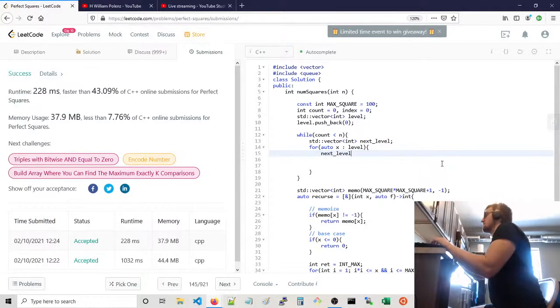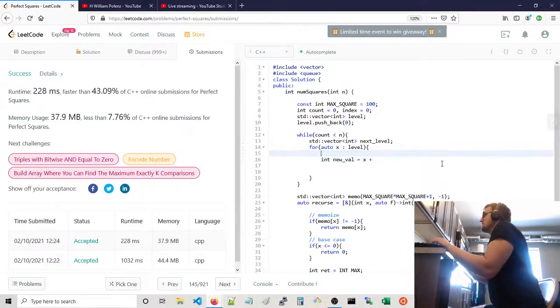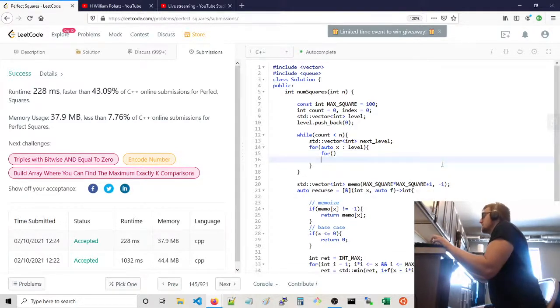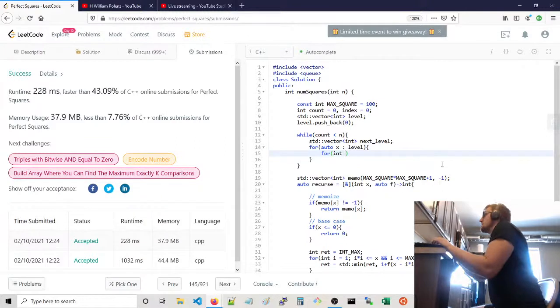Next level, so let's say int new val is going to be x plus, you're actually going to do for each of these values, for int i is 1, i times i is less than or equal to, you want x plus i times i less than or equal to n, really.